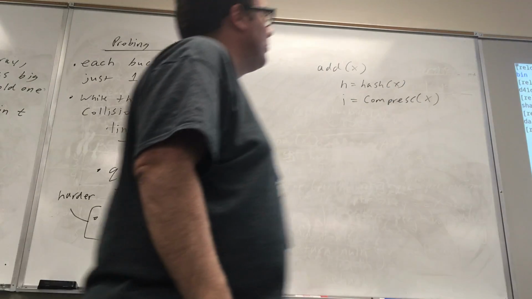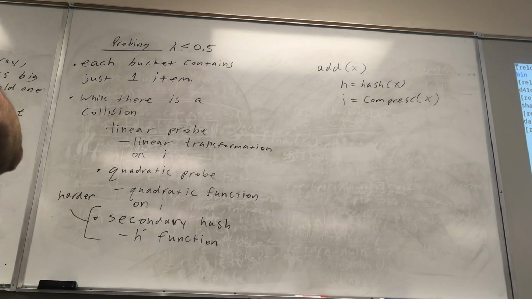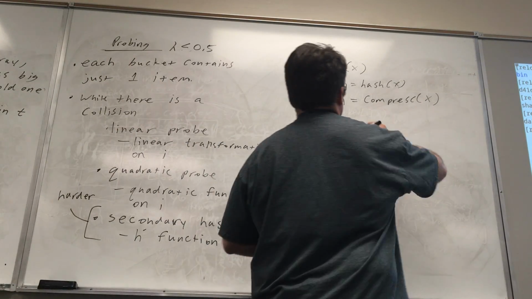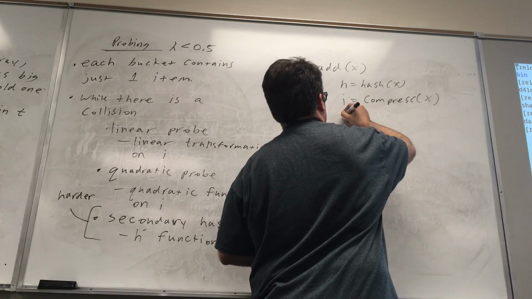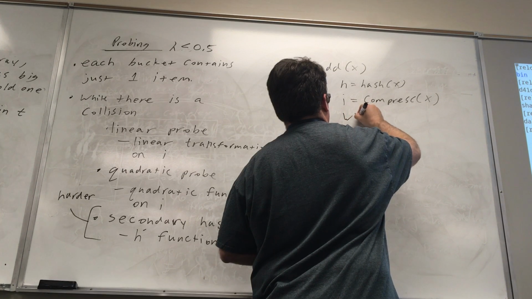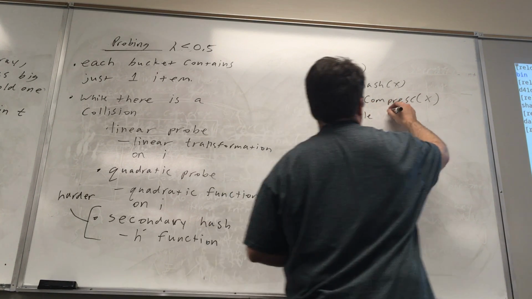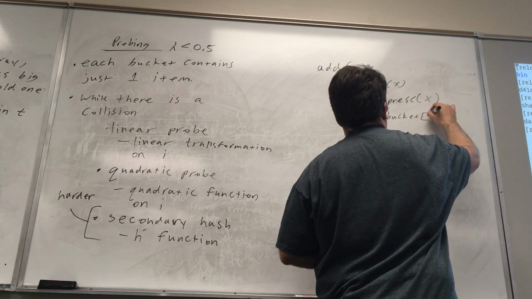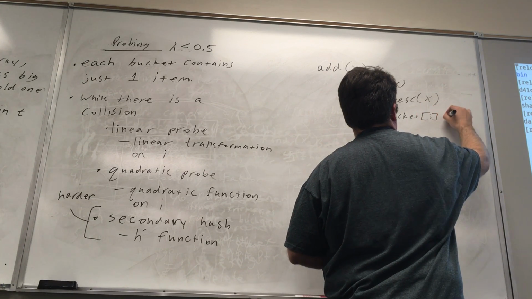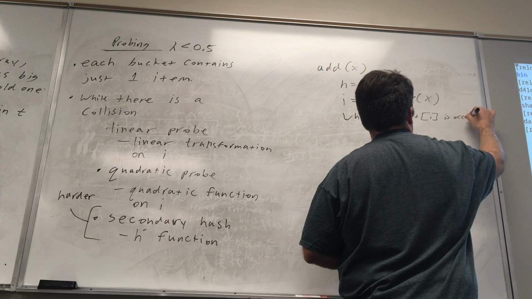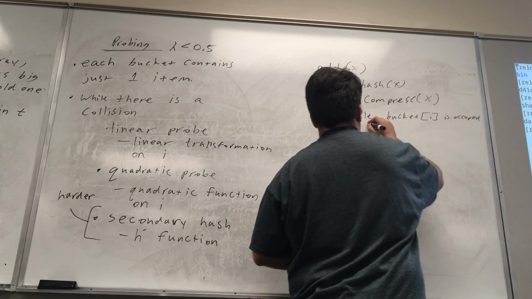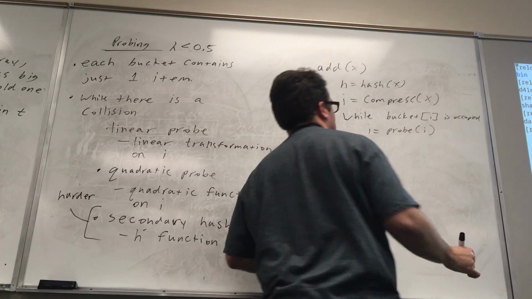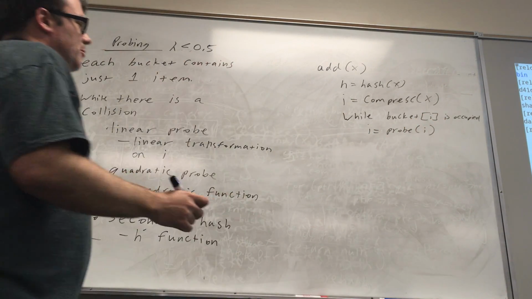And then after we've done our compress, we would then do this. So while bucket sub I is occupied, then we'll say I equals probe I. So we'll apply whatever probing function we want.